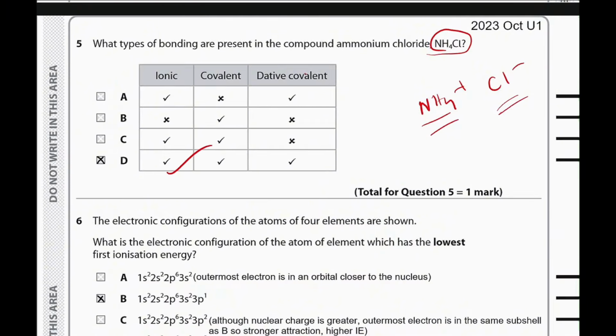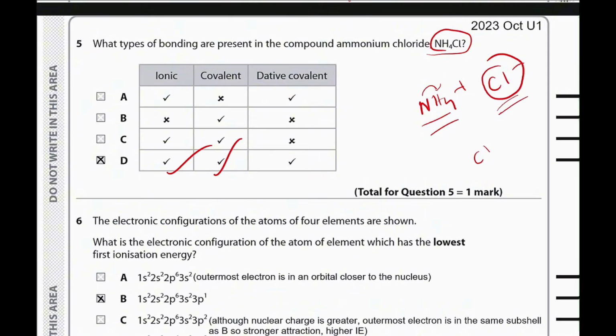One thing done. Now if I talk about covalent bond, chlorine itself consists of a covalent bond within itself, and in NH4 as well, there is a covalent bond between hydrogen and nitrogen, keeping them together. So the covalent bond is also present here.